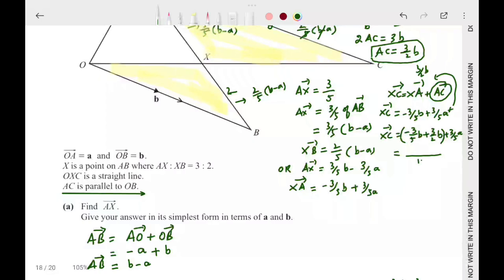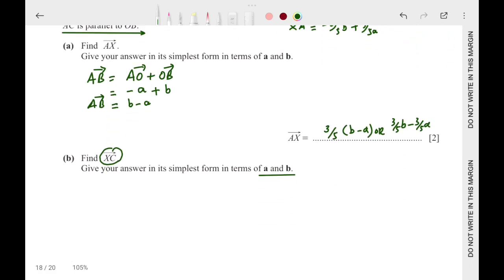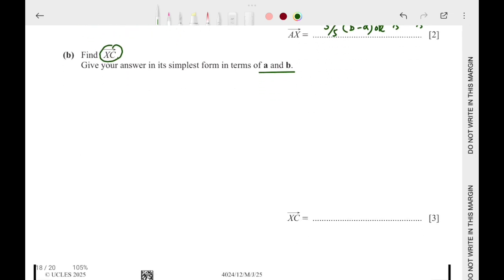So LCM would be 10. 5 times 2 and 2 times minus 3, minus 6b plus 2 times 5, 15b, plus 3 over 5a. So it would be 9 over 10b plus 3 over 5a would be your final answer. And student, you have to show all working here in the space provided.